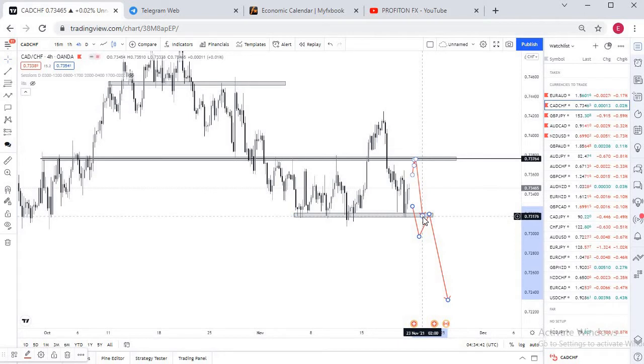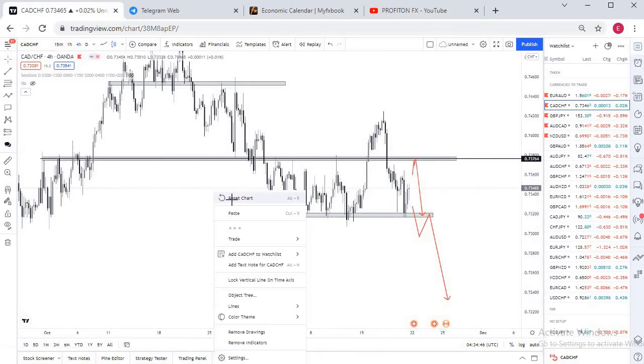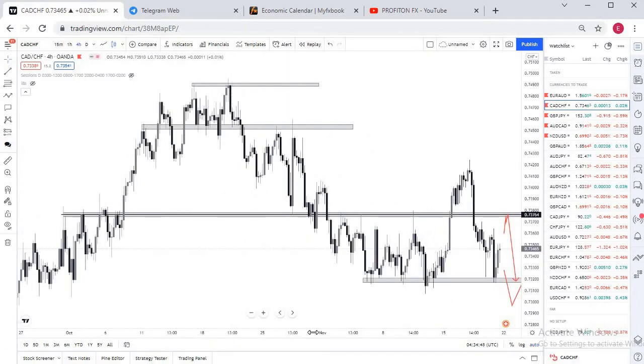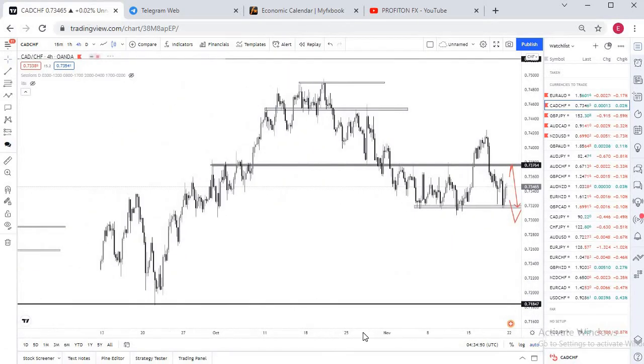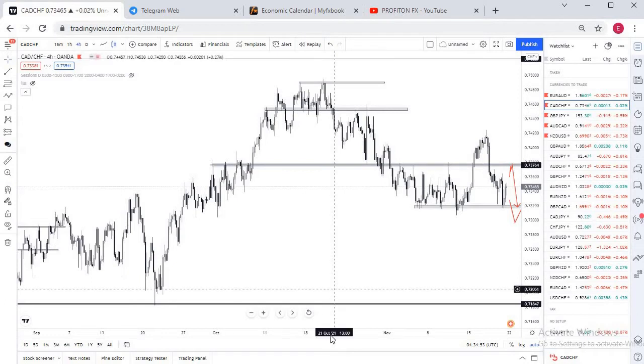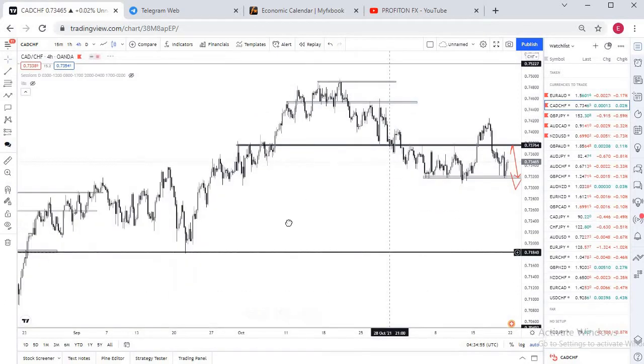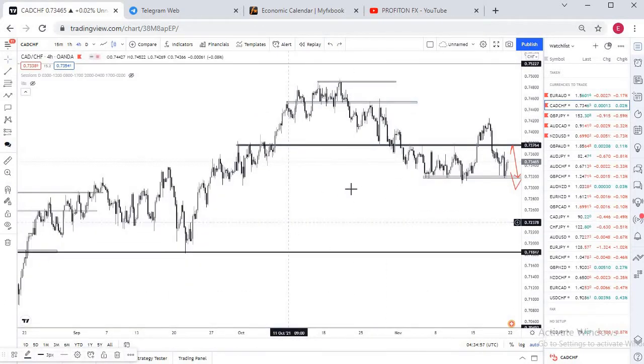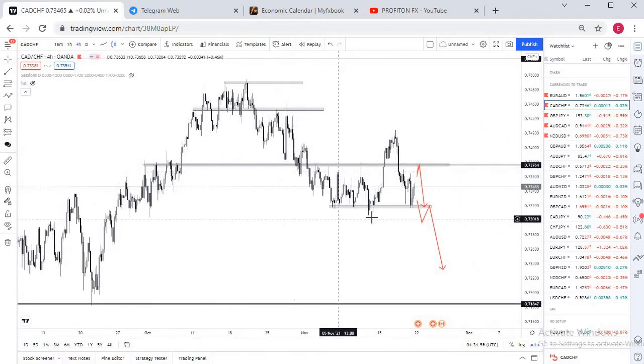Now this break and retest, I will prefer to be a huge break and retest. When I say a huge break and retest, I would like to see price wipe out this low here. I prefer not working with small break and retests because most likely you usually find them to be fake outs.